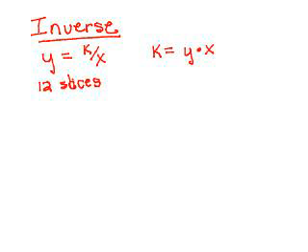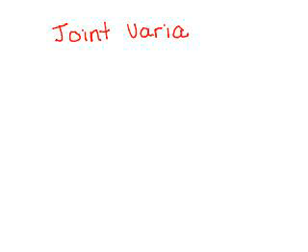You can also have joint variation. A joint variation is where you have more than one variable in a direct variation.